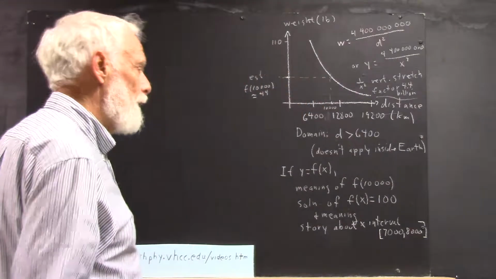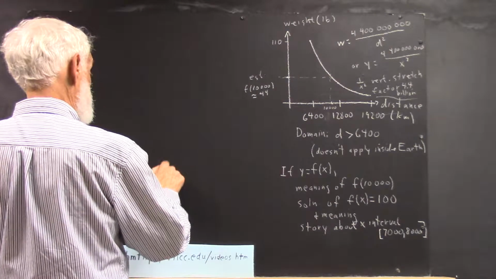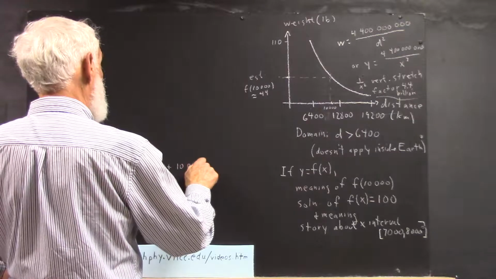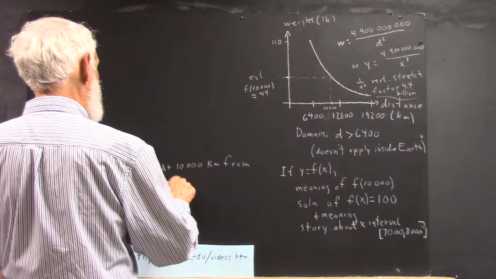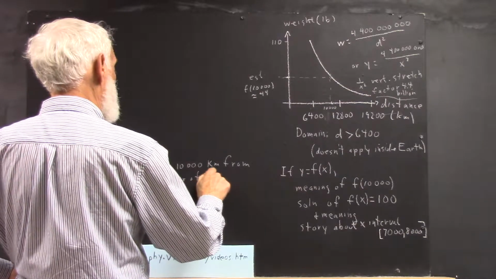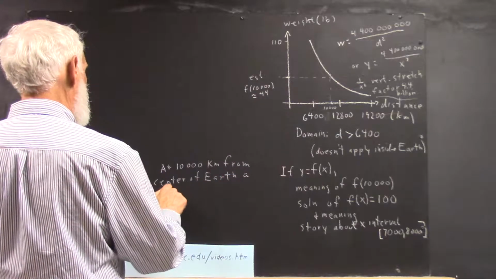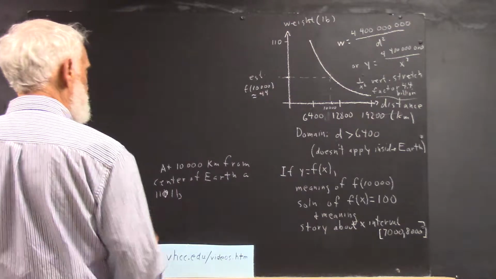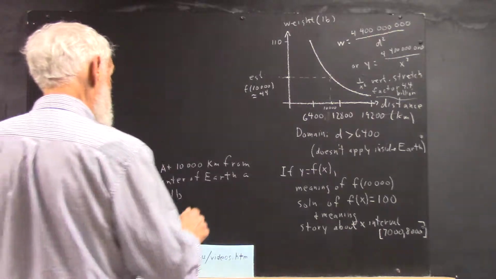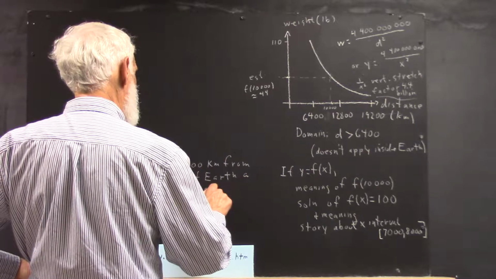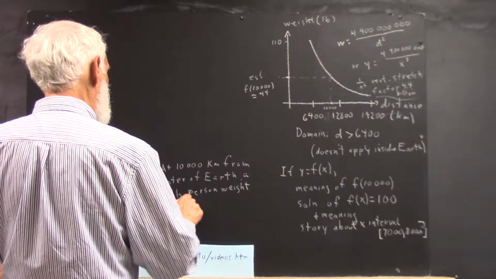There's our estimate. Now what's the meaning of that? So the meaning of this is, well, at 10,000 kilometers from the center of the earth, a 110-pound person, and more specifically, we could say a person who weighs 110 pounds at the surface of the earth, but that's what we mean by 110-pound person, weighs 44 pounds.